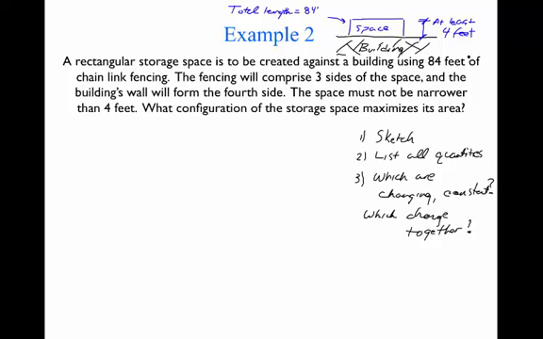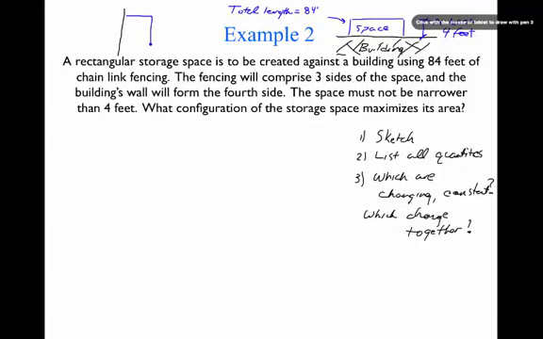How do you know what side to put the building on? Will it matter if you put it on one of the smaller sides? Try me again. I don't understand your question. Where do you place the building, at which side? Could it be like this? You're saying? Yeah.